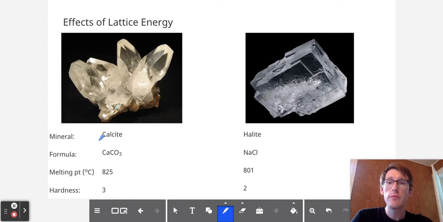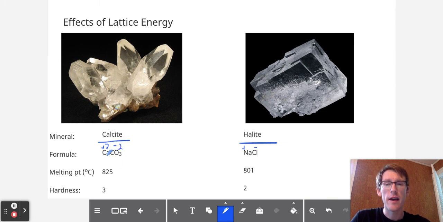So let's go to 2 minerals that you might recall from planet Earth, calcite and halite. Calcite is calcium carbonate, calcium having +2 ions and carbonate having -2 ions, halite being sodium chloride with +1 sodium and -1 chloride.